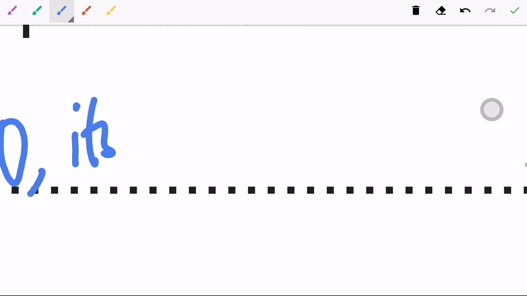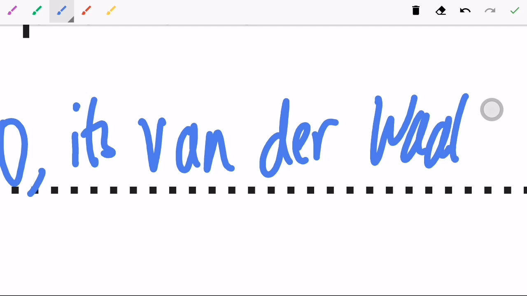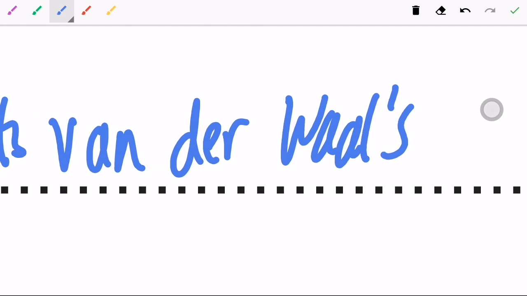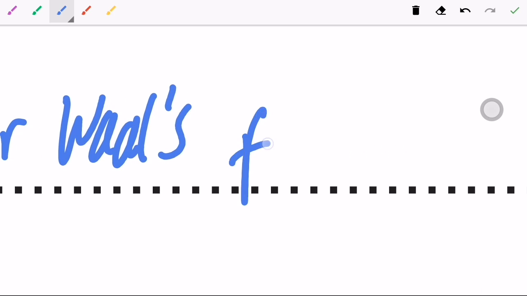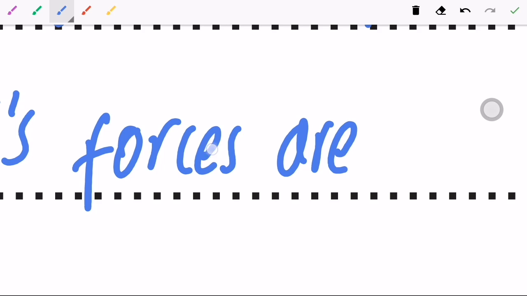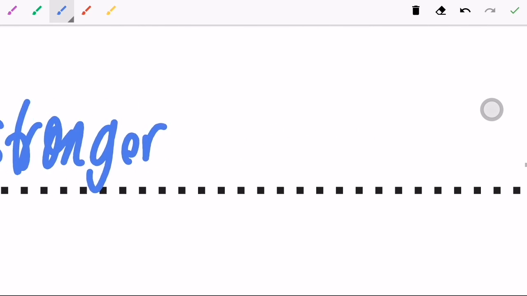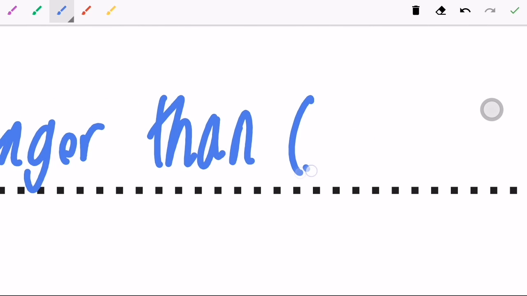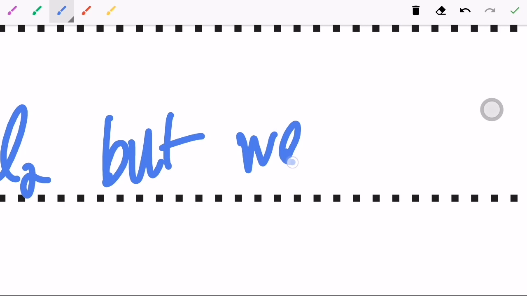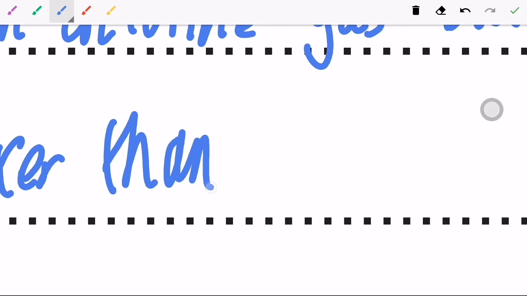Van der Waals forces are stronger than Cl2 but weaker than Br2.